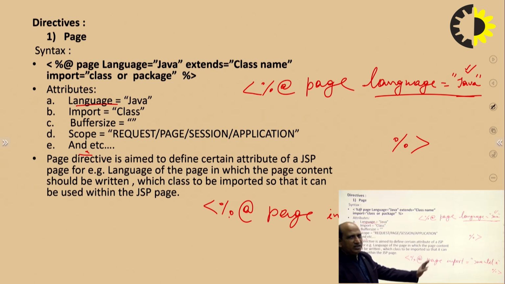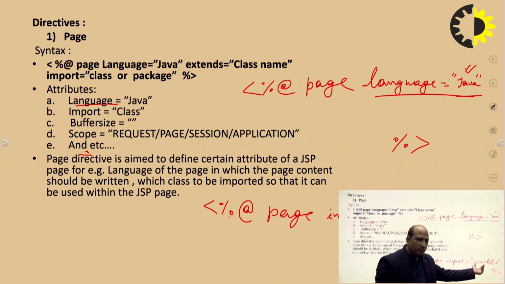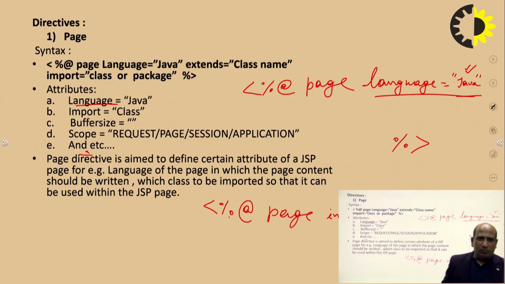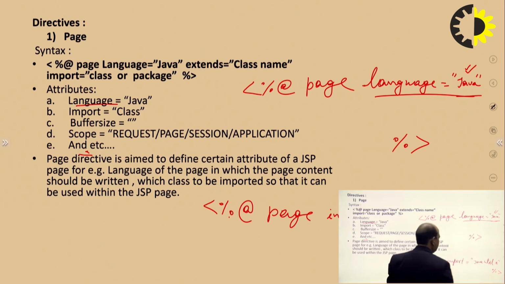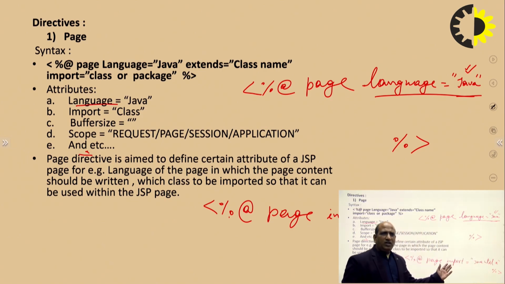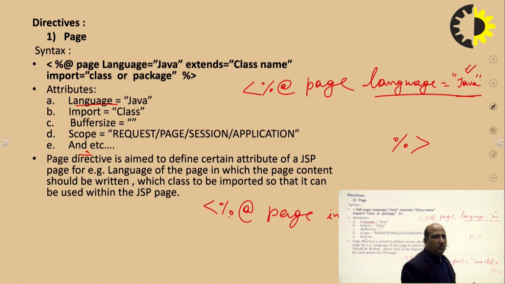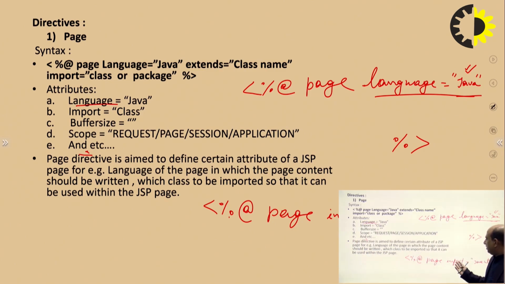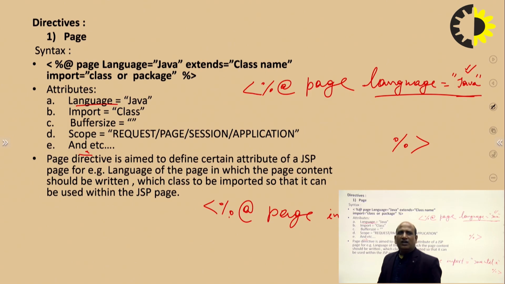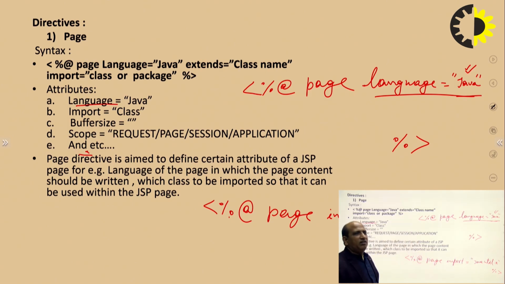So whatever external API you are going to use, you may use it by this import attribute. You can import any number of classes and packages in your JSP page.